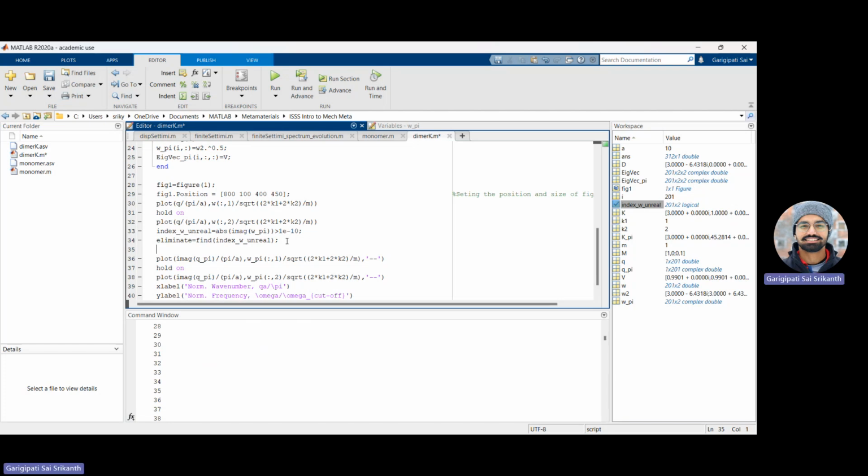To eliminate, we have to eliminate from omegas and q.